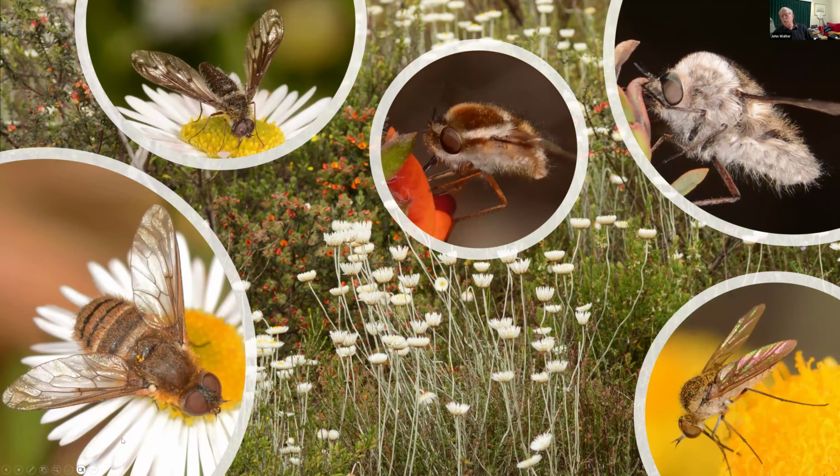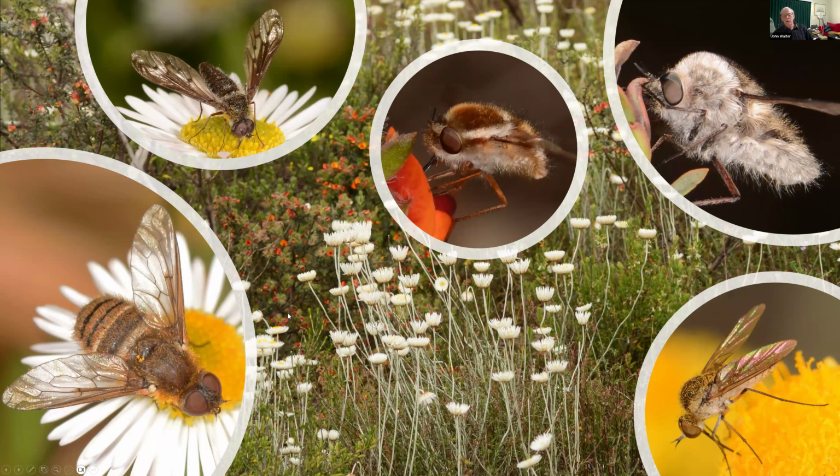These are all so-called bee flies. Apparently they look a lot like bees, perhaps like the European bumblebees. That might be where the name has come from. As a group of flies, they are feeders on pollen as adults, very hairy, very good at transporting pollen.